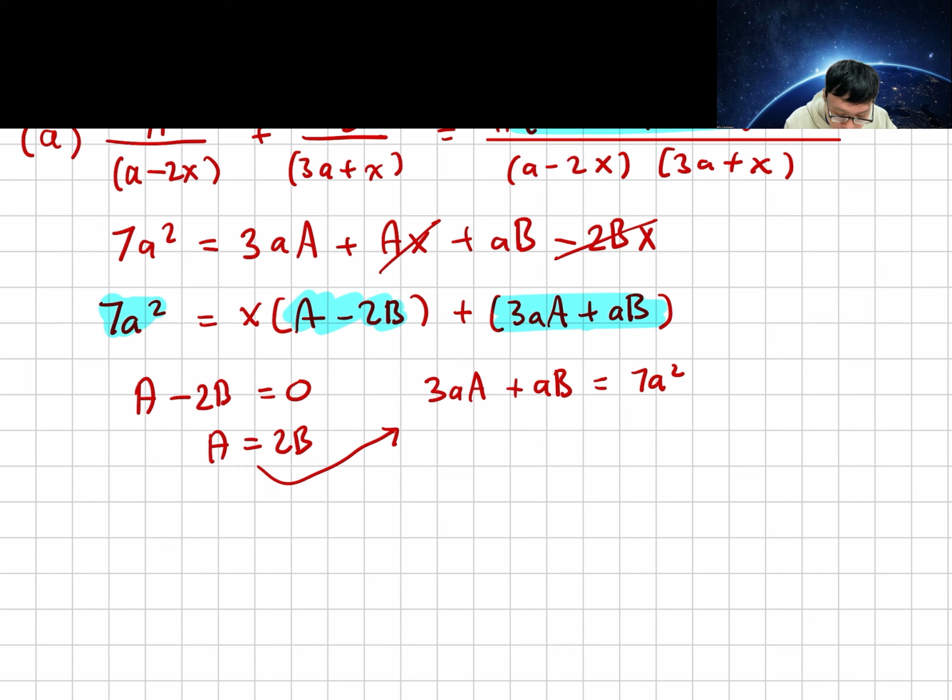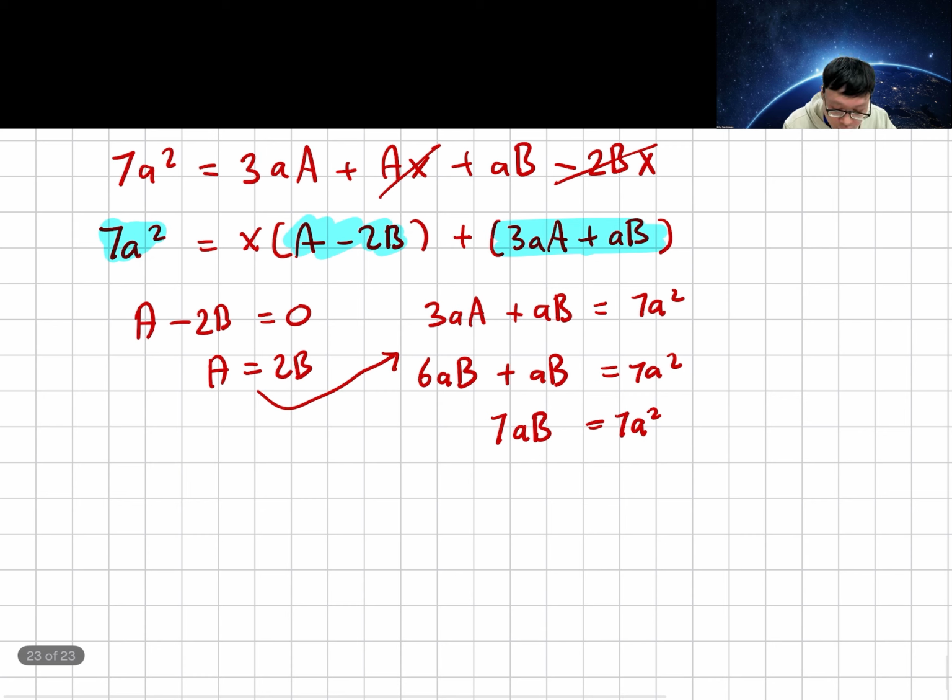You get 6aB plus aB equals 7a squared. So you get 7aB equals 7a squared. And we know that a is a positive constant, so you can divide both sides by a. So you get 7 cross out, you get B equals a. So A equals 2a.